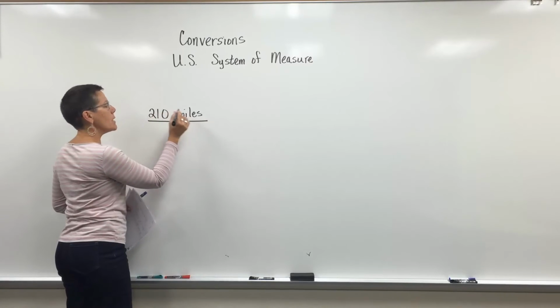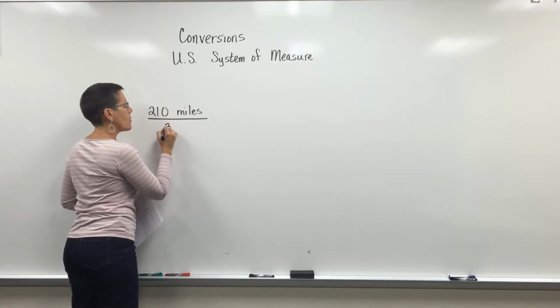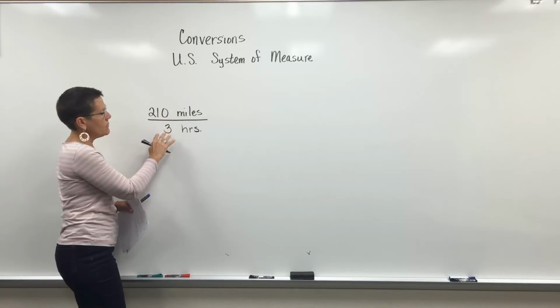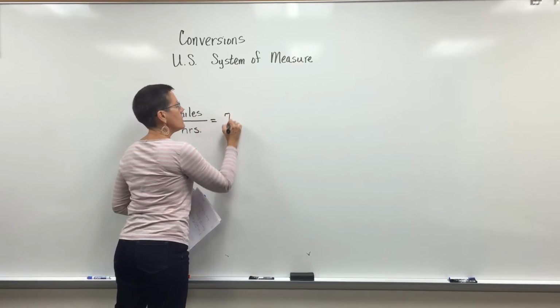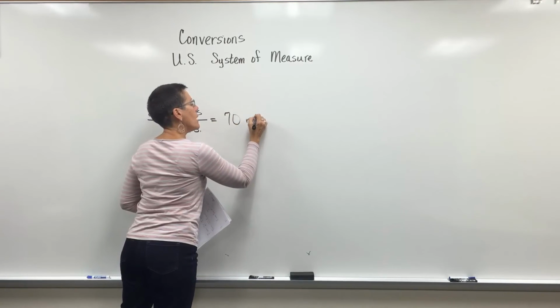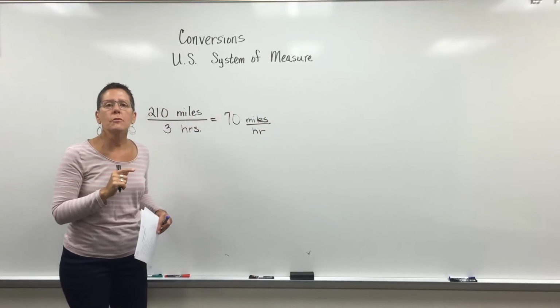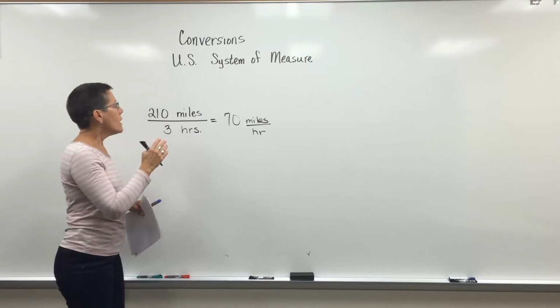If you did 210 miles in 3 hours in your car, 210 divided by 3 is 70, and the units that describe that are miles per hour.